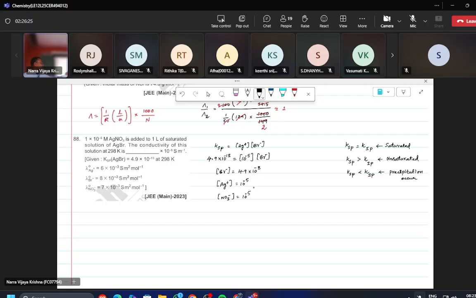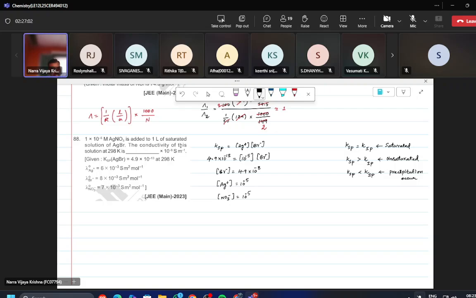AgNO3 dissolves in water to produce 10 power minus 5 moles of Ag plus and 10 power minus 5 moles of NO3 minus. By using KSP I calculated the concentration of Br minus. Definitely the Ag plus value is slightly more than this because it is a saturated solution, but compared to that, the value becomes negligible. Clear?